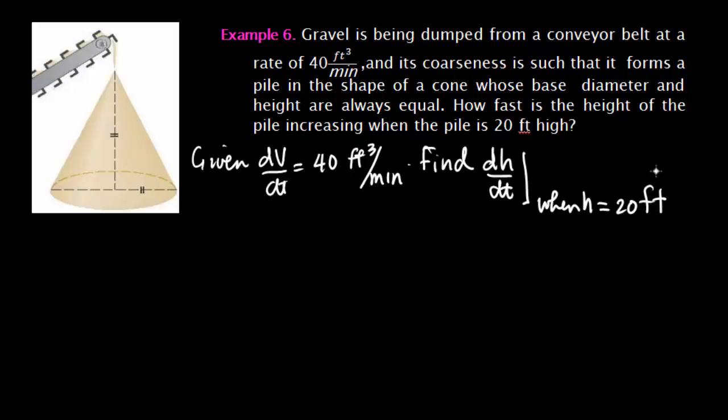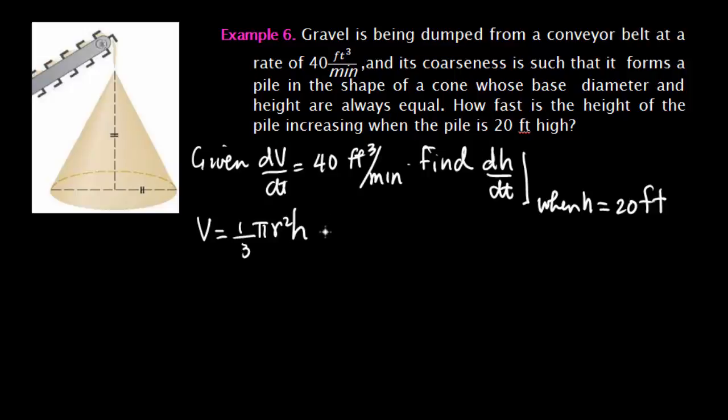So what is the equation that we're looking for? The equation is V equals 1/3 pi r squared times the height. Now, here's an equation with two variables that relate to the volume, and we want to solve this in terms of just one variable.